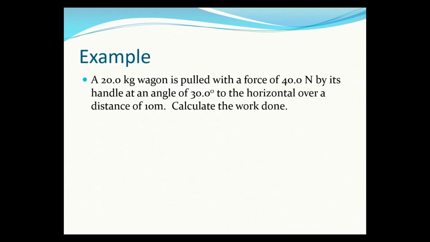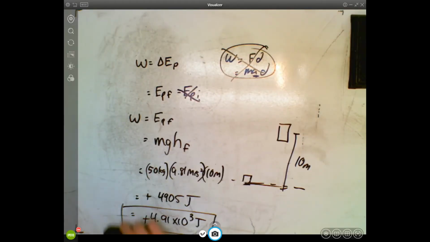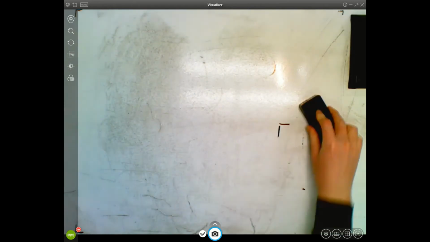So here we have a 20 kilogram wagon pulled by a force of 40 newtons by its handle at an angle of 30 degrees to the horizontal over a distance of 10 meters. Calculate the work done. You should be thinking in your head, what type of question is this? Well, this is a lawnmower question for sure. We can draw out what's happening.